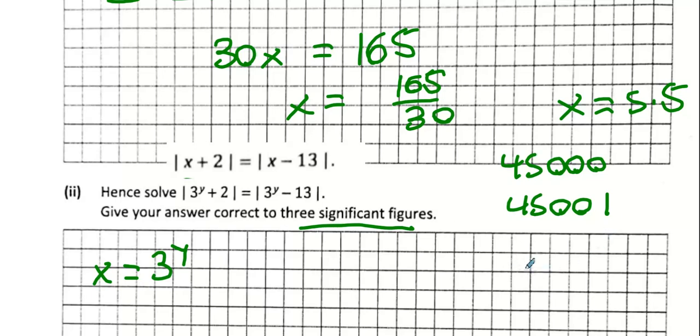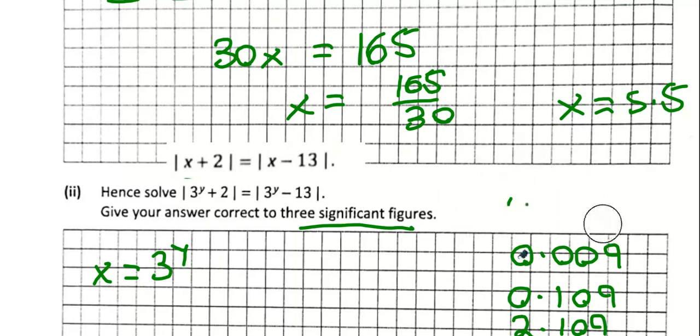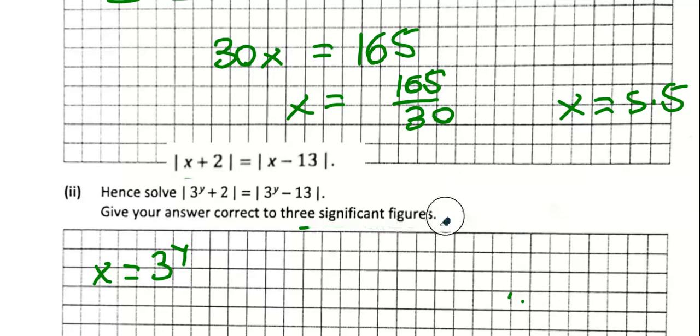Next one. How many significant figures in 1.009? 1 significant figure. How many significant figures in 1.109? 3 significant figures. How many significant figures in 2.109? 4 significant figures. That's just a bit of significant figure revision.